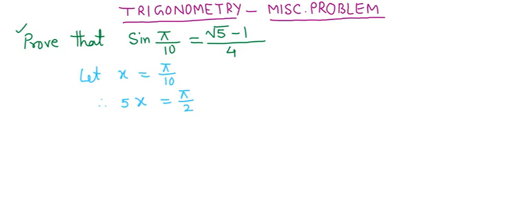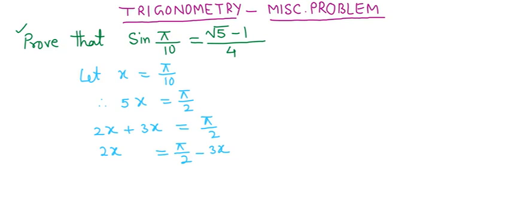This 5x may be split as 2x plus 3x. On this side you have pi by 2. So transfer this 3x from the left hand side to the right hand side. Then it will become 2x is equal to pi by 2 minus 3x.